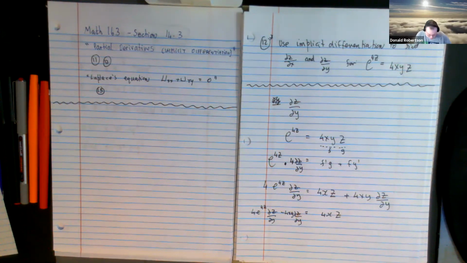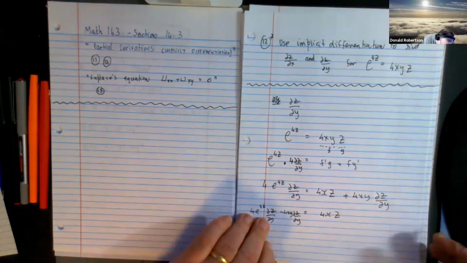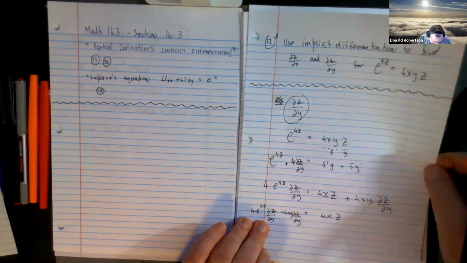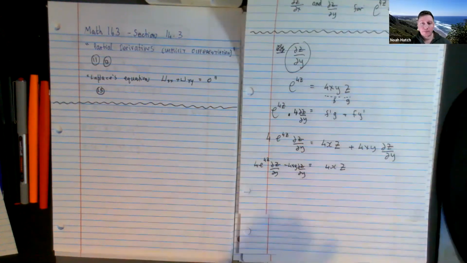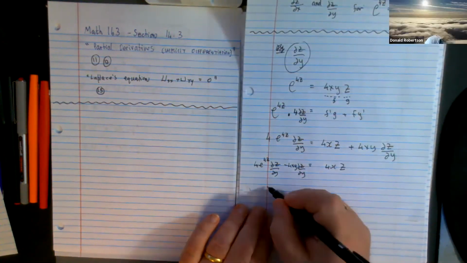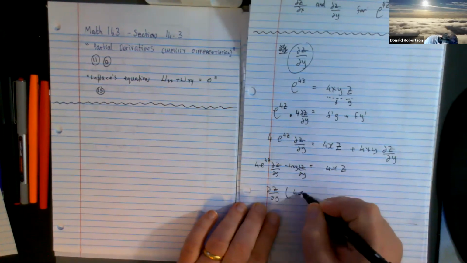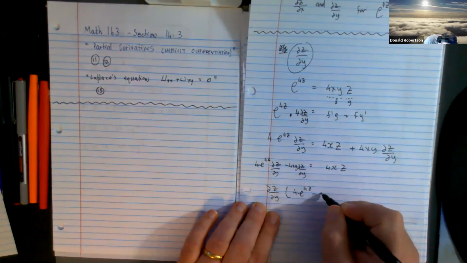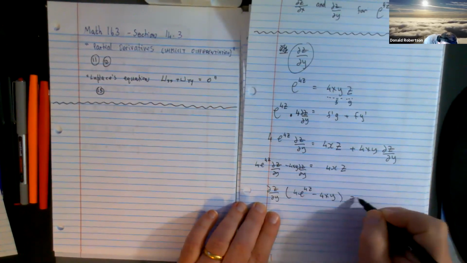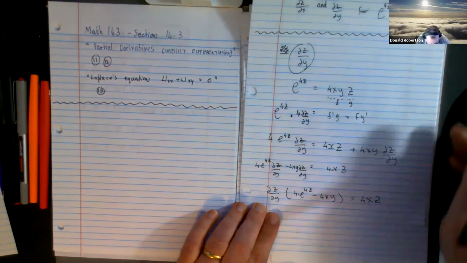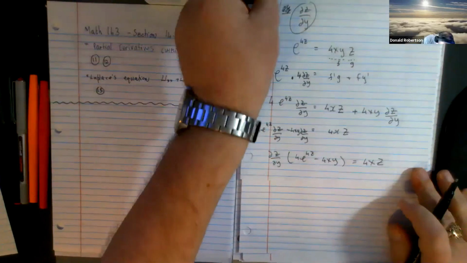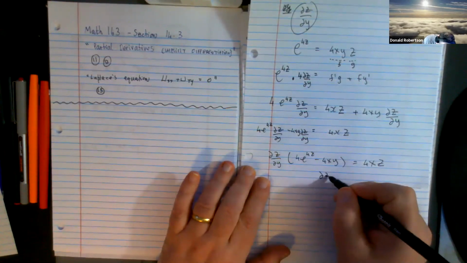Okay, what do you think I'm going to do next? Because remember, the goal is to isolate that guy. Factor out the dz by dy. And when we do that, we get this fella, take away this fella, equals this fella, right? And would you agree then that last line is pretty much just divide?